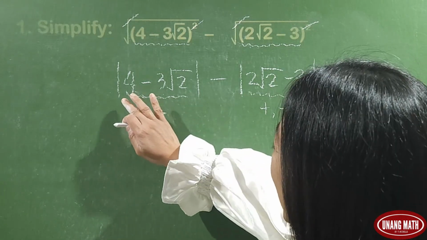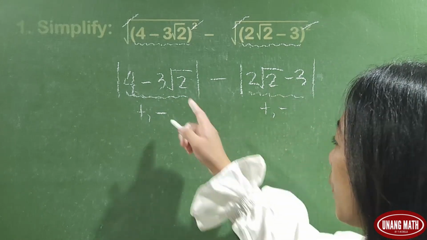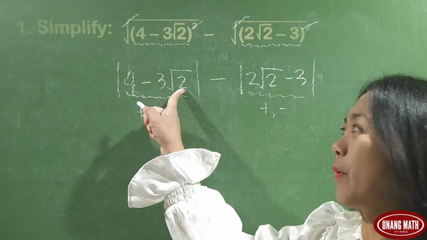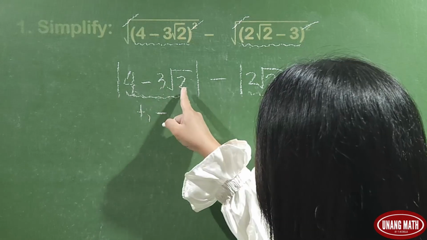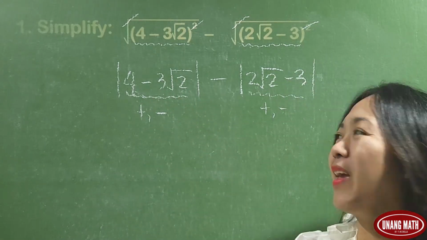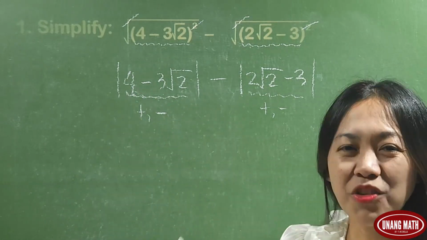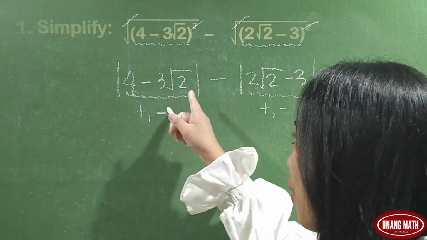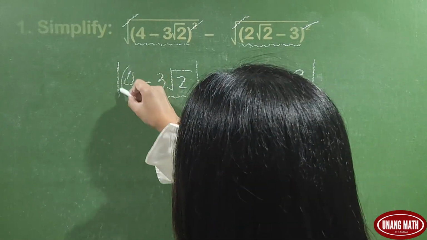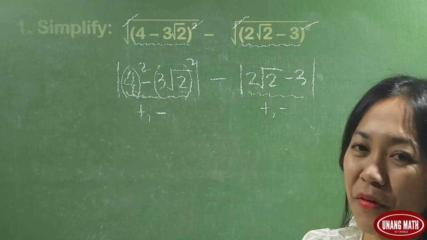Okay, let's find the value of 4 minus 3 square root of 2. We have here an irrational number. We cannot solve this if this is an irrational number. So what we need to do is turn these numbers to rational numbers so we can solve. And we can do that by squaring these numbers.